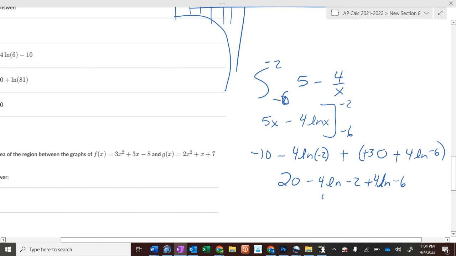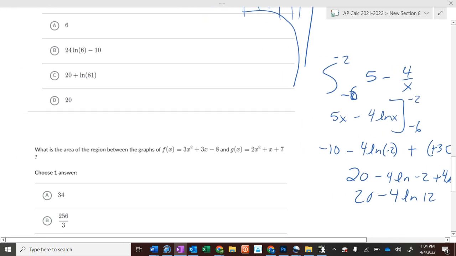And if we combine these two, addition becomes multiplication. So it's 4 ln of 12. So do we have a 20 minus 4 ln of 12?